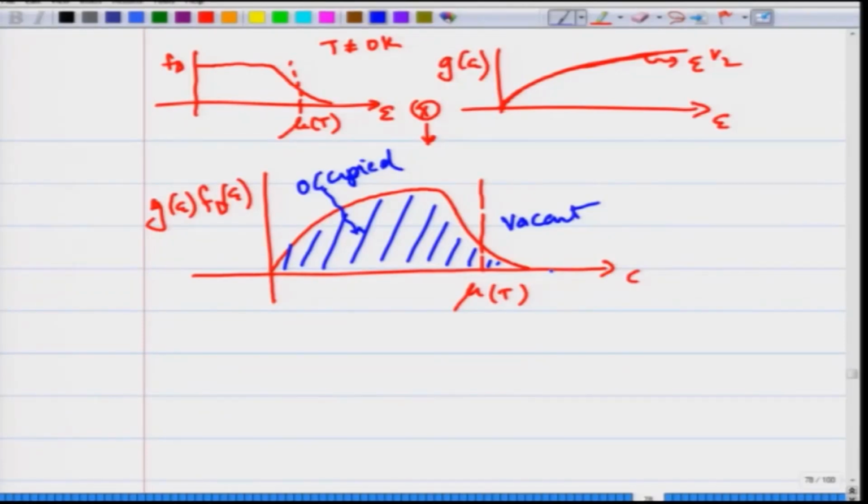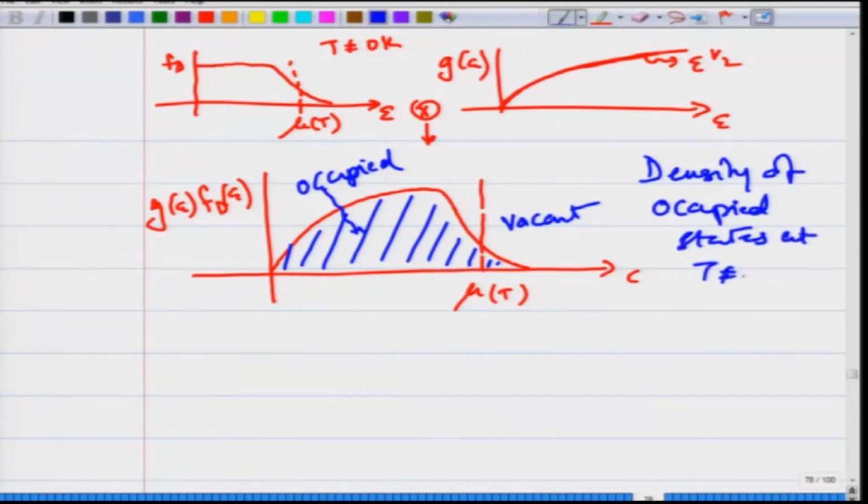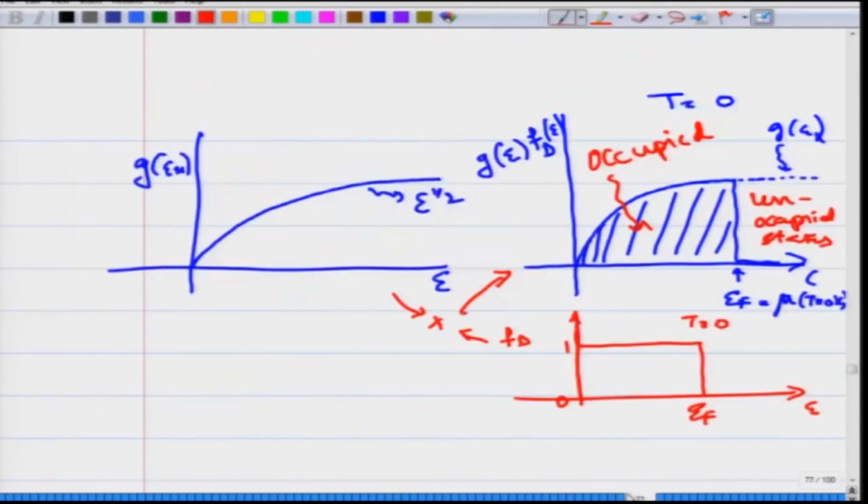So, this is the density of occupied states at T not equal to 0 Kelvin, that is this, and this is the energy E. This is the behavior, and at temperature T equal to 0, this is roughly similar.